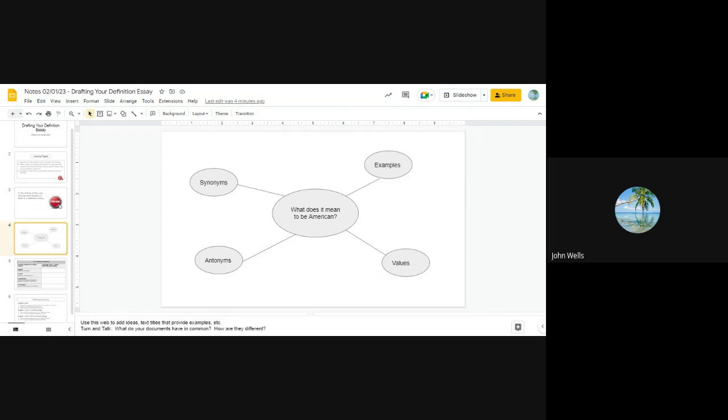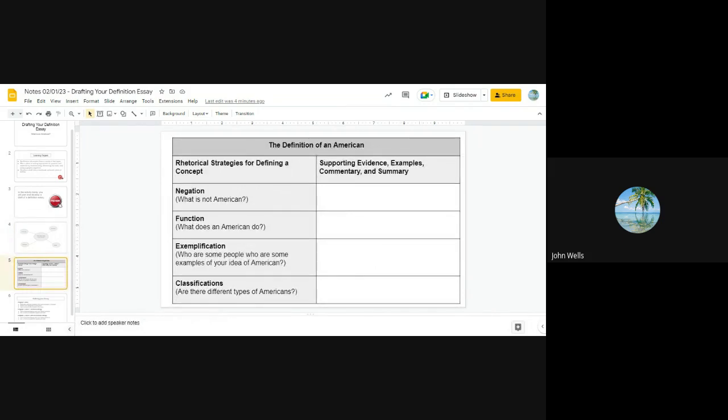And then values. What are those things that we as Americans hold true, that we cling to? Once you start gathering those ideas, which are really just there to get you thinking, then we get into these definitions of an American, and we use those rhetorical strategies for defining a concept that we've been talking about for the last 3 weeks or so.